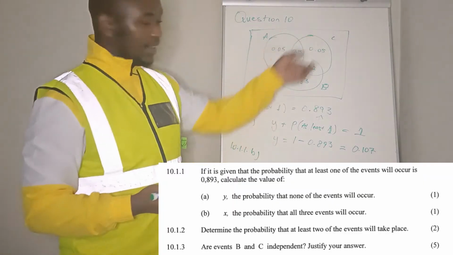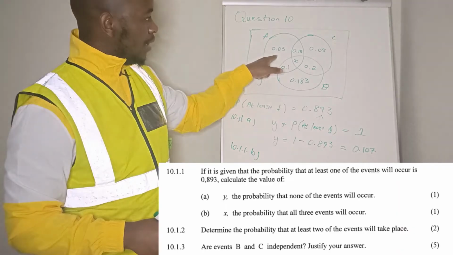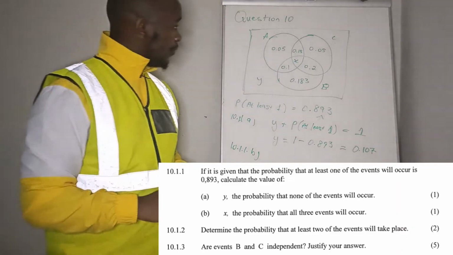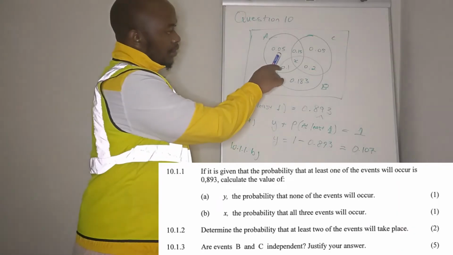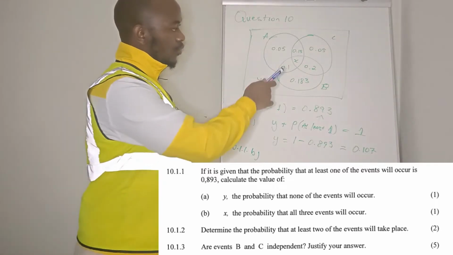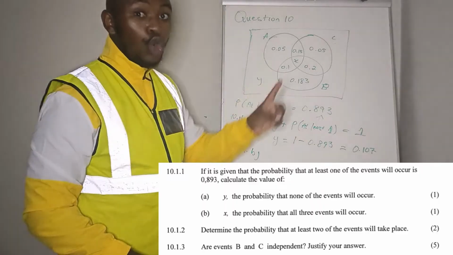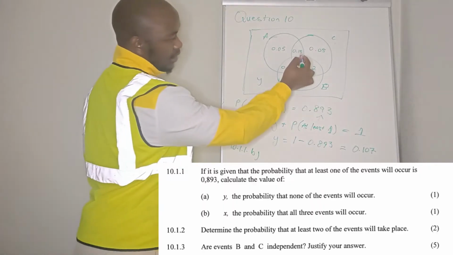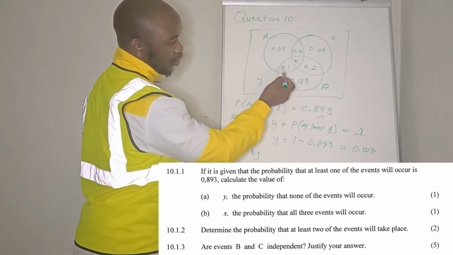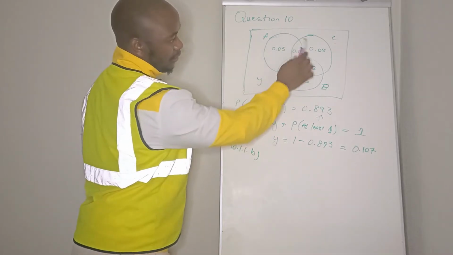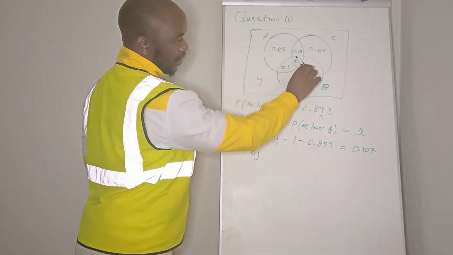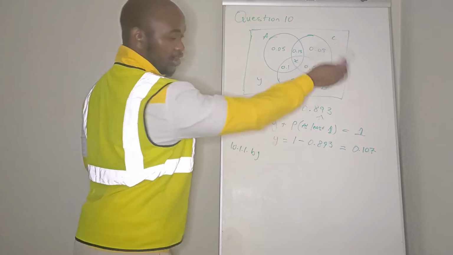But what are the others? What is this probability? What is this one? And so on. So 0.05 is the probability that A only occurs. If you look at these numbers, 0.15, x and 0.1, these ones share C, and these ones share B, and so on.